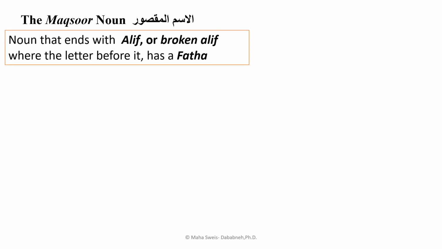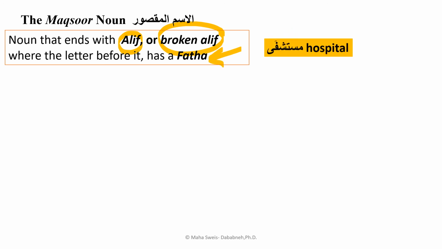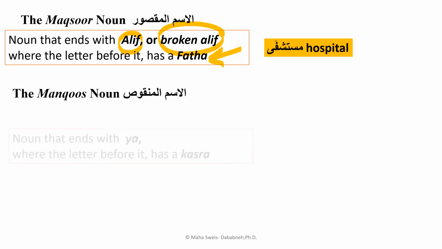One more time. الاسم المقصور is noun that ends with ألف or broken ألف and we need فتحة preceded. مستشفى. الاسم المنقوص, you remember? الاسم المنقوص is what?